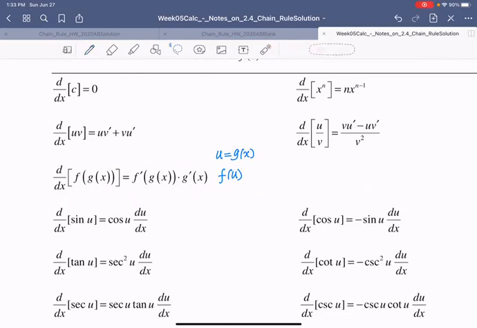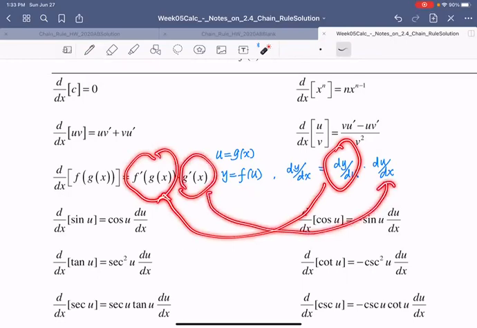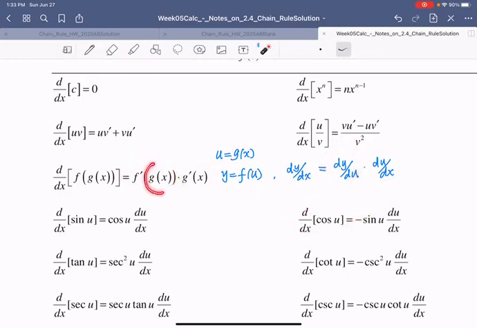Y equals f of u. So if you want to get dy over dx, you are doing dy over du, and then du over dx. You choose the outer layer, get the derivative, and then you are going to do the inner layer.